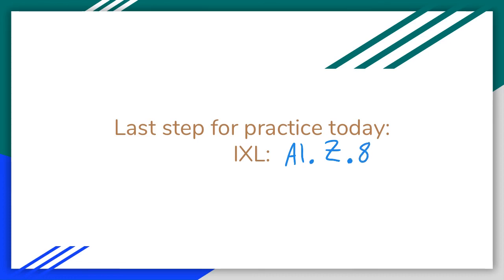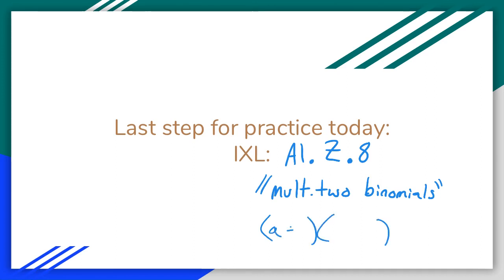Just so we know that we're all on the same page, this is called multiply two binomials. Okay? Multiply two binomials, what I want you to practice for today. That's where you're multiplying things like a plus 2 times b minus 7. Two binomials. That's your practice for today. Get that up to 85% or higher. And as always, if you have questions, let me know.